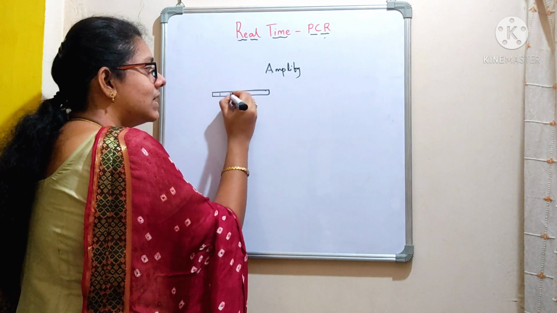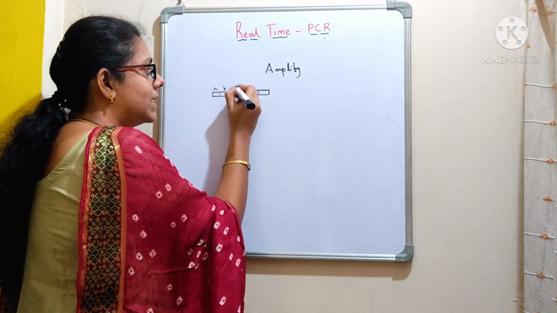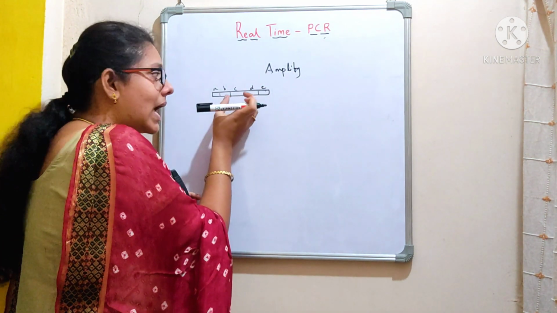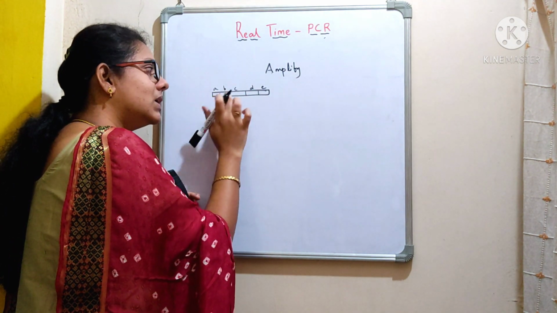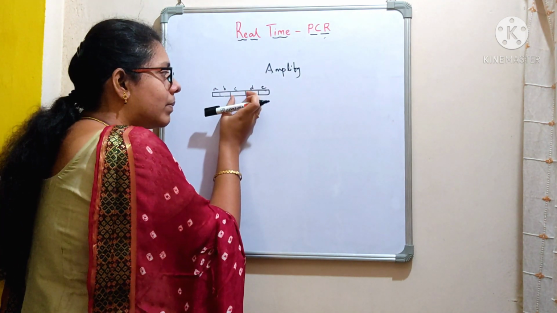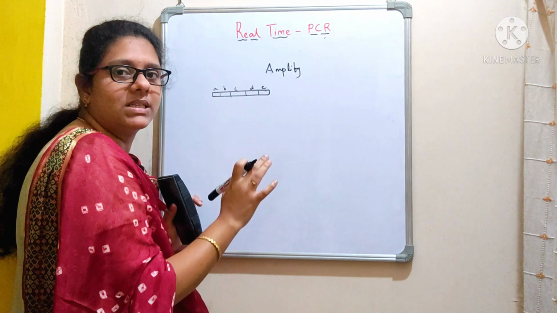And this DNA has a set of genes, for example A, B, C, D and E. And you are interested in amplifying gene C. You are not interested in A, B, D or E. You are only interested in making multiple copies of this gene C. And you want to proceed with the method of PCR.